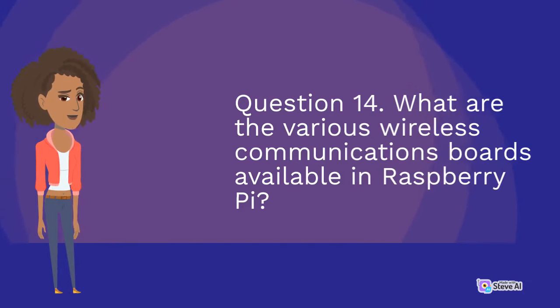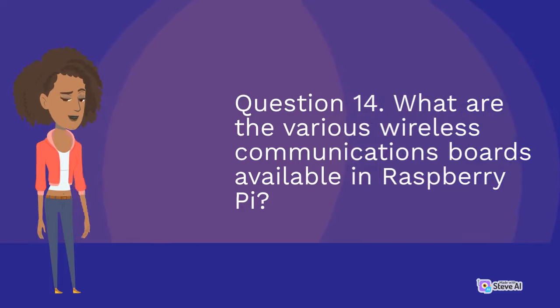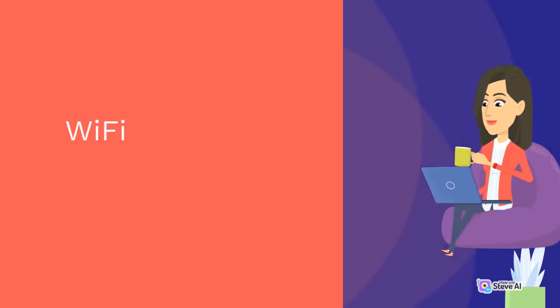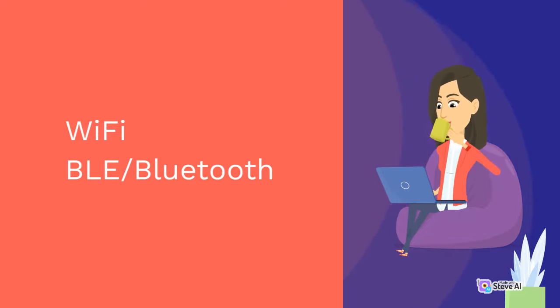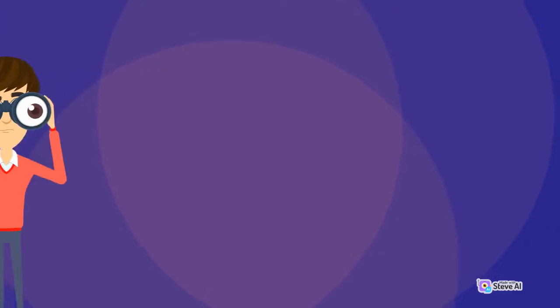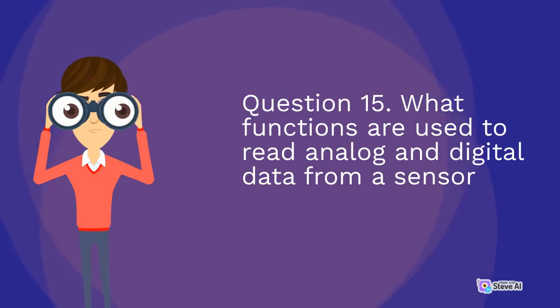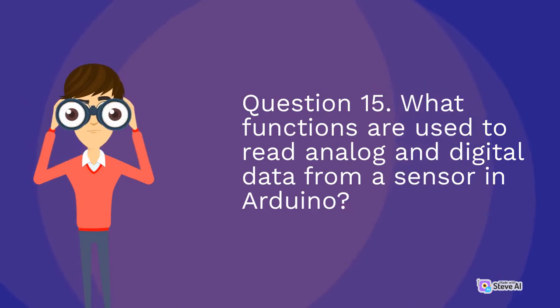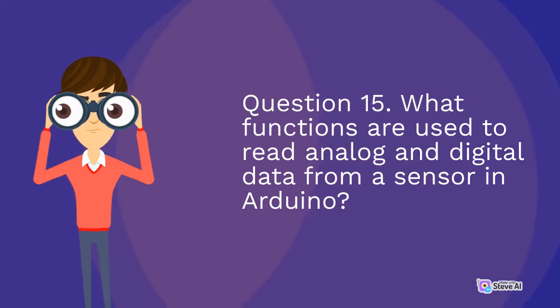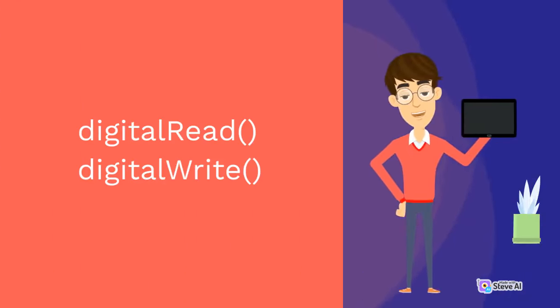What are the various wireless communications boards available in Raspberry Pi? Wi-Fi, Bluetooth. Question 15. What functions are used to read analog and digital data from a sensor in Arduino? Digital read, digital write.